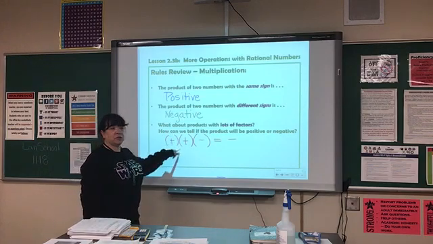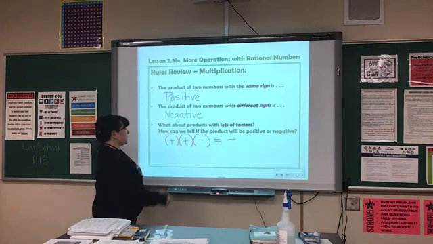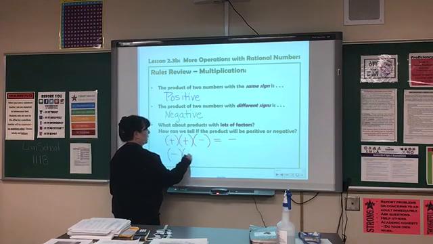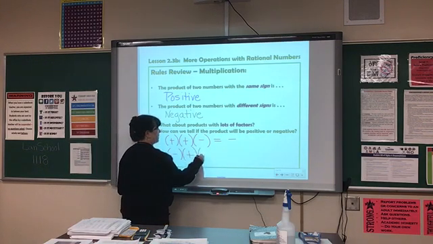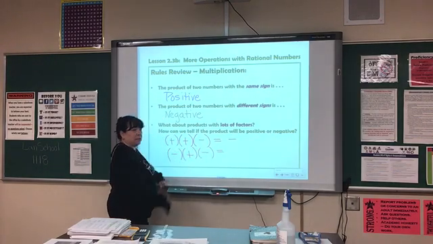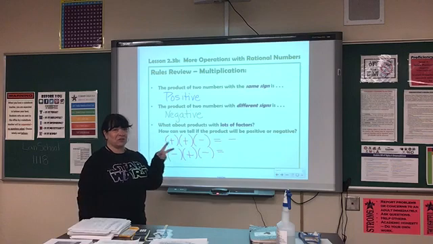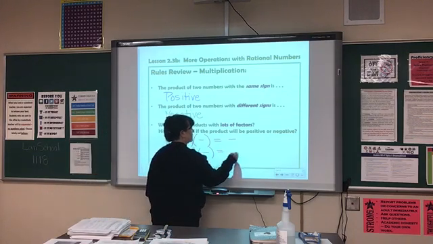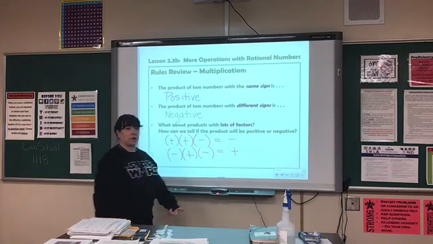Now, if I change this to be a negative, but keep that a positive, and then make that a negative, I have an even amount of negatives. There are 2 of them. 2 is an even number, so my answer is going to be positive.